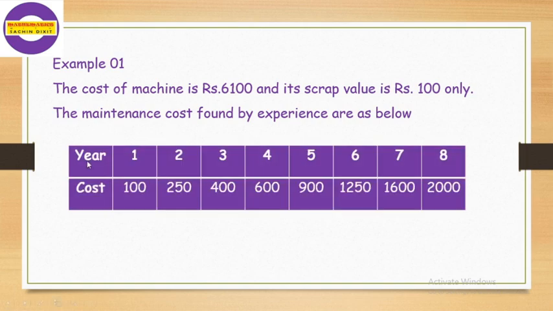First year's maintenance cost is 100, second year 250, third year 400, fourth year 600, fifth year 900, sixth year 1250, seventh year 1600, and eighth year 2000. These are the forecasted maintenance costs. When should the machine be replaced? That is our question.